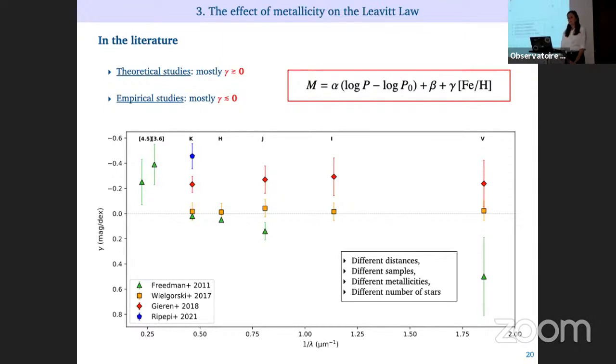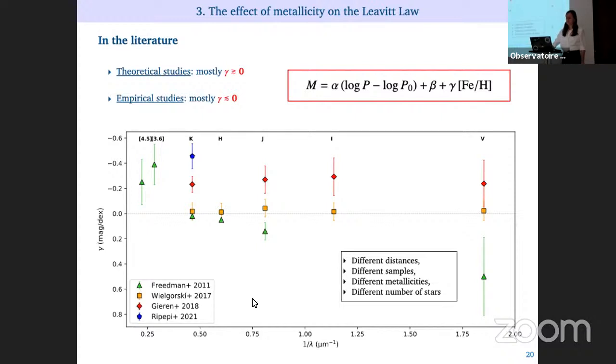They combined individual metallicity values in the LMC. In the mid-infrared, they obtained a negative value with a quite strong effect. Going to the near-infrared, the effect is close to 0 and it becomes positive in the optical.